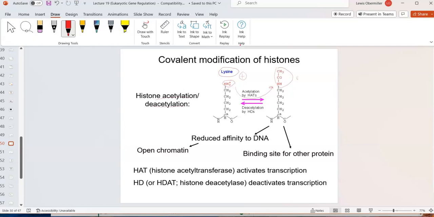When they're acetylated, they're neutral. And so DNA that's negatively charged is going to be more attracted to positively charged histones than neutrally charged histones. So that is going to relax the nucleosome and allow that to be open so that DNA can be read.